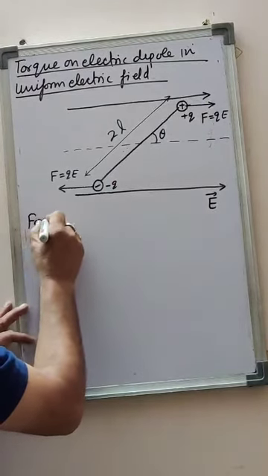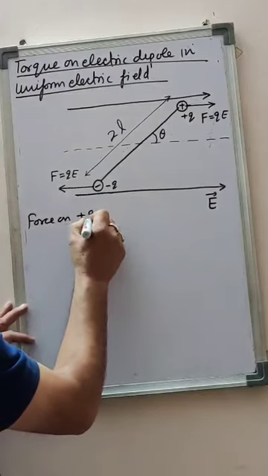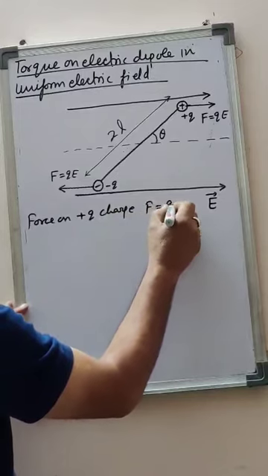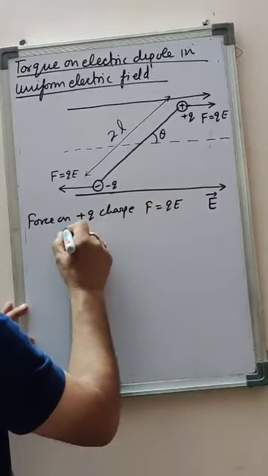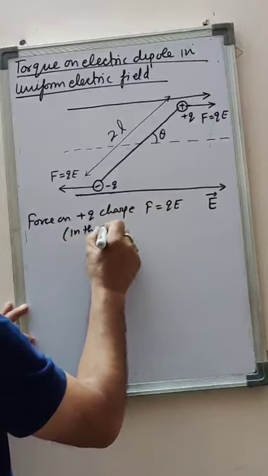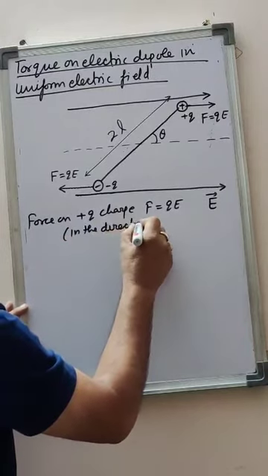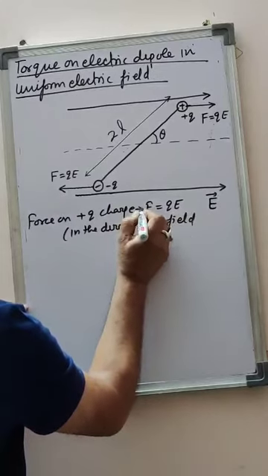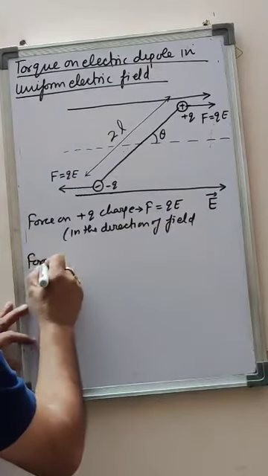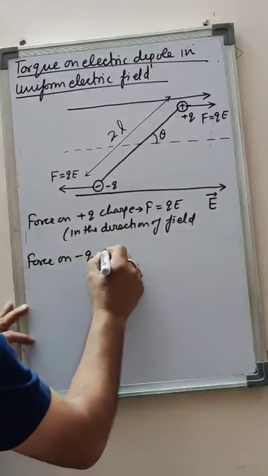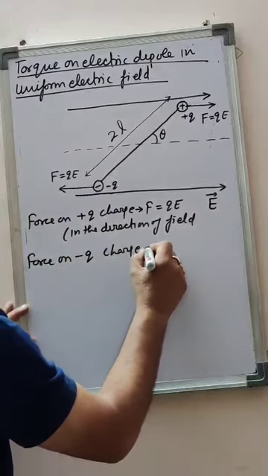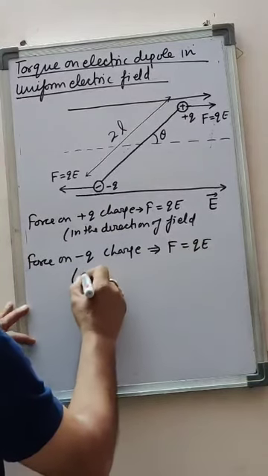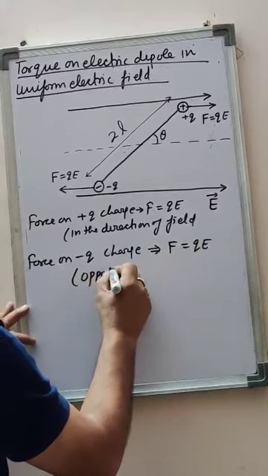So the force on the plus q charge, F is equal to qE, that is in the direction of the field. And the force on the minus q charge is again qE, but opposite to the field.